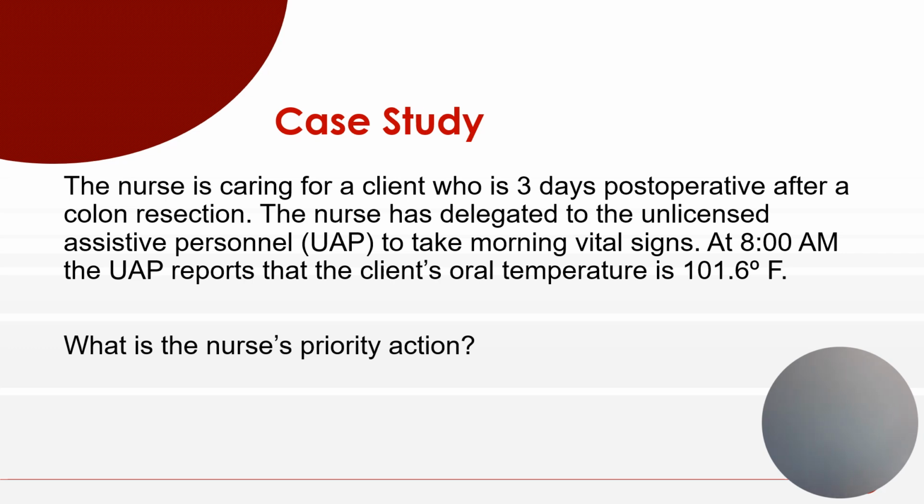We can also decrease the room temperature, put cool cloths or cool packs to the forehead, the neck, the axilla, and or the groin. These are going to be areas where there are larger blood vessels or more blood vessels and will help cool the client down a little bit faster. We could also place a fan on the client and potentially administer some antipyretics.